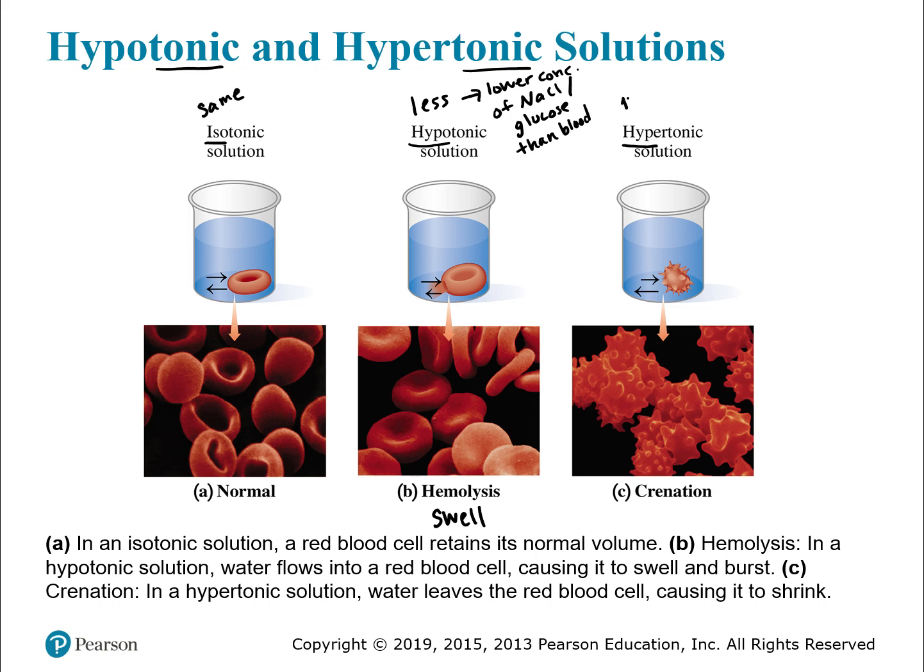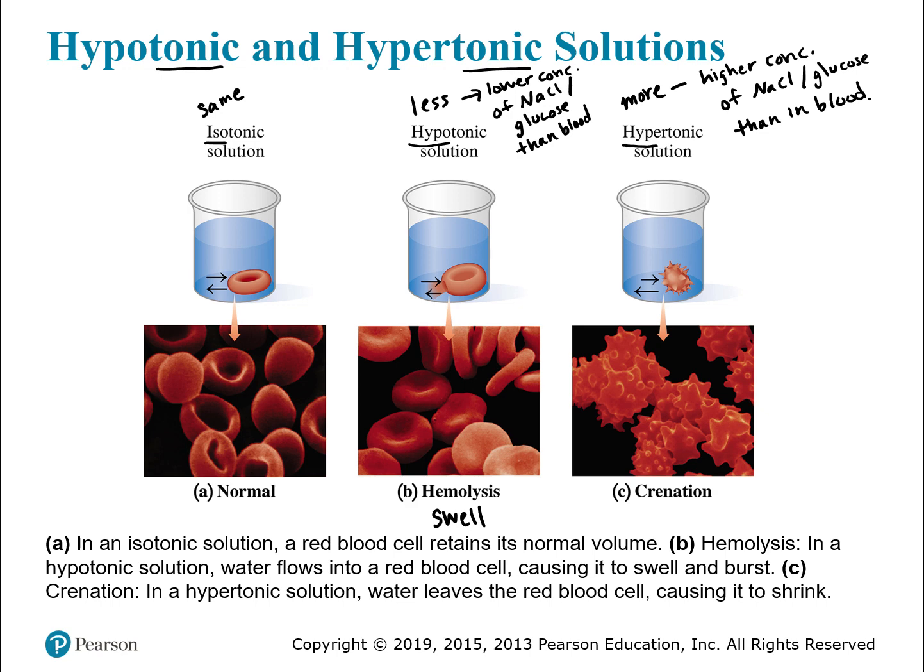Hypertonic means more. So we've got a higher concentration of your electrolytes or your sugar, non-electrolytes, than in your blood. And what happens there is called crenation.